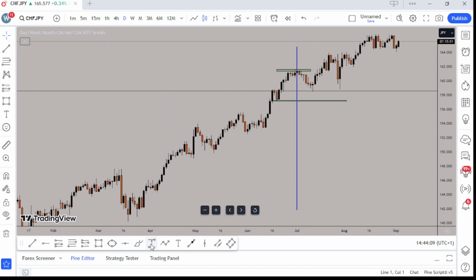And what now happened? It made a higher high. So is there anything stopping you as a trader from entering here, picking this low here, picking this support here to make a buy?